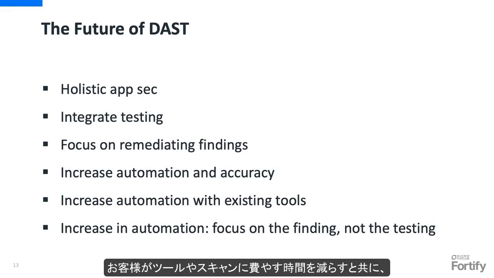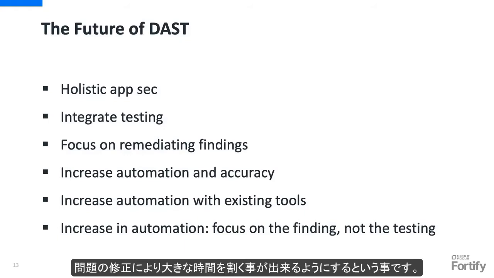So customers are spending much less time configuring tools and configuring scans, and they're spending more time on actually remediating findings. So that's a very, very strong theme in the AppSec industry.